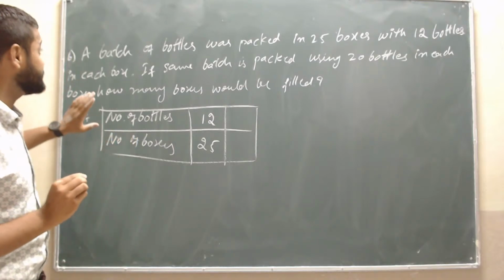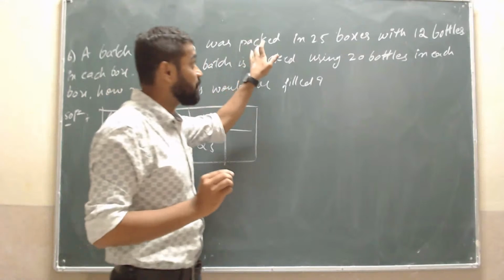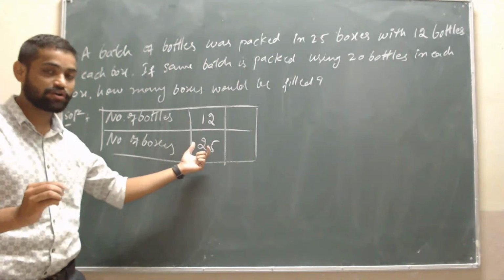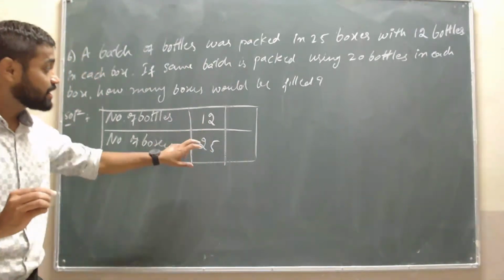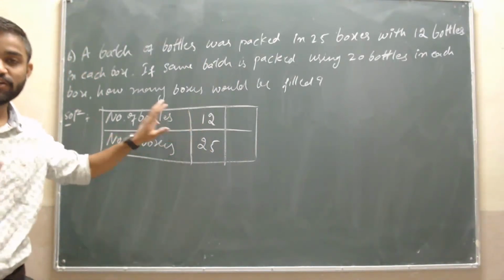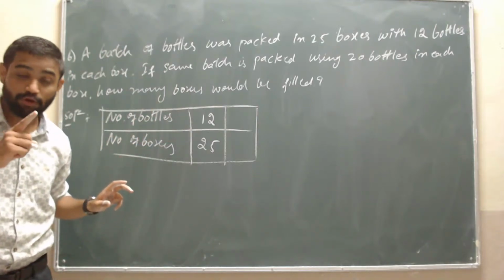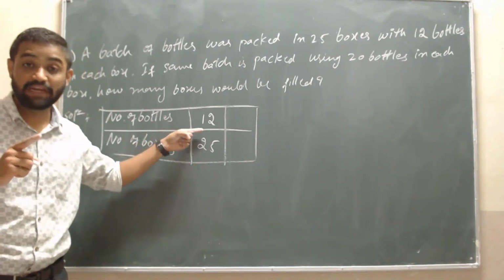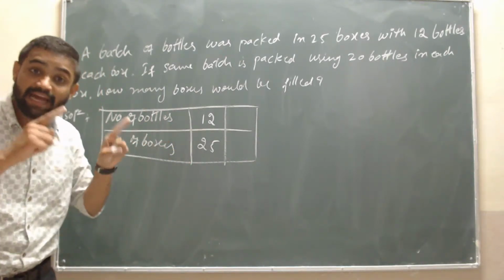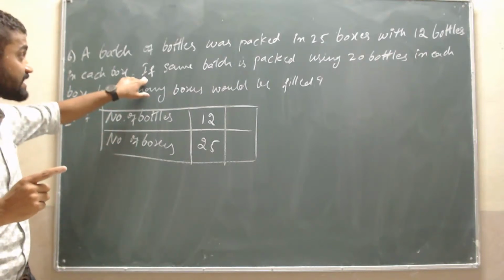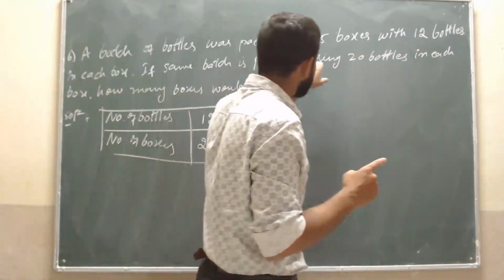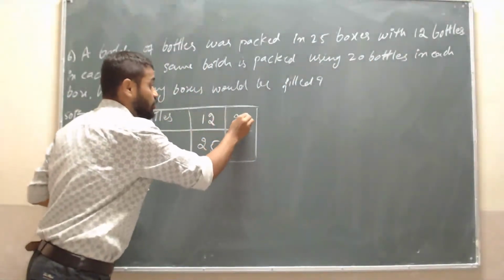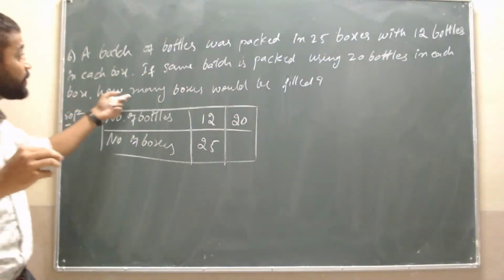What he is saying is, a batch of bottles was packed in 25 boxes, and each box is filled with 12 bottles. Are you getting my point? Here total boxes are 25 and each box is filled with 12 bottles. And again he is asking, if the same batch is packed using 20 bottles in each box, how many boxes would be filled?